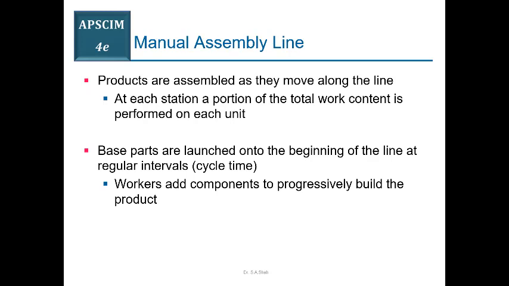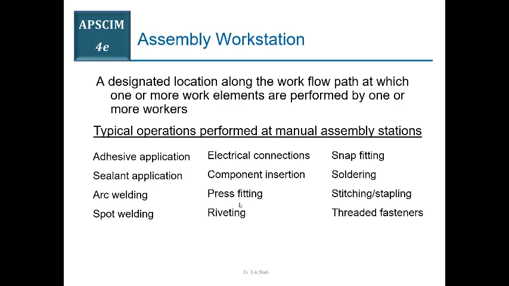And after each 10 minutes, one base component will be launched into the system because it will be a continued operation. ठीक है ना. सो हर 10 मिनट के बाद एक बेस कंपोनेंट जो है वो इंटर होगा सिस्टम में, और हर 10 मिनट के बाद एक फिनिश प्रोडक्ट, एक असेंबल्ड प्रोडक्ट जो है वो आपको असेंबली लाइन से मिलेगा. And during that cycle time, workers will add components progressively to build the product.